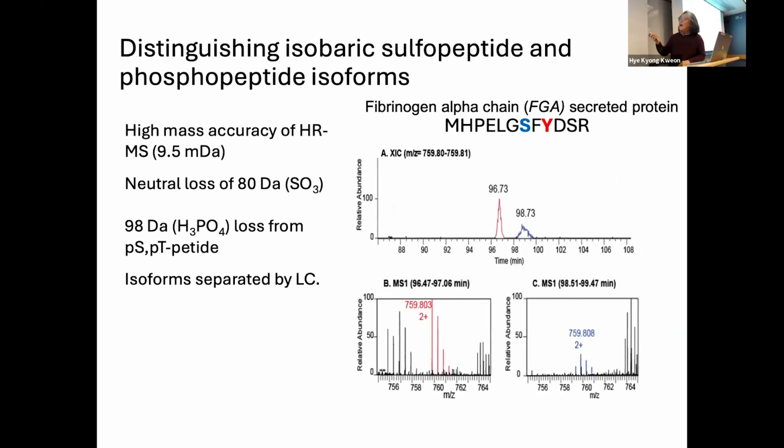And these two isoforms, the sulfated and the phosphorylated peptide, are separated by the LC gradient here. The red one here is the sulfopeptide, and you can see the mass is also slightly different. The blue one has slightly higher mass because of the precursor ion loss coverage.